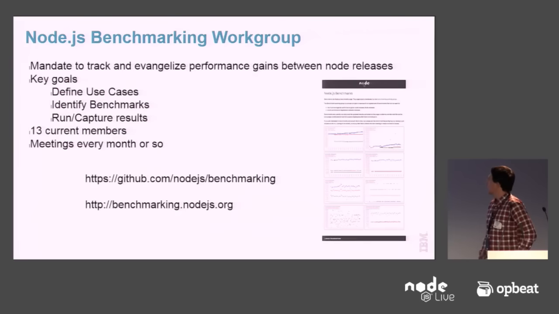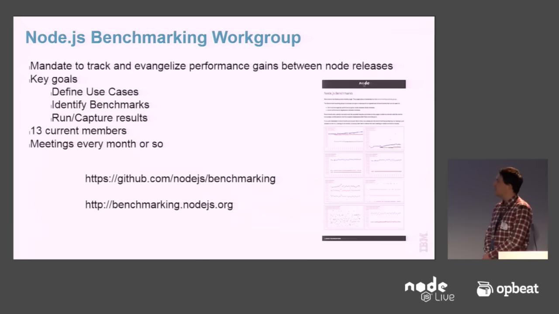There we are. So I'm just going to talk now very briefly about the Node.js benchmarking workgroup. The workgroup's been going for quite a while. We got a mandate to track and evangelize performance gains between Node releases. We've got key goals of defining use cases for Node, identifying benchmarks that represent these use cases, and then running and capturing results and reporting them to the community.